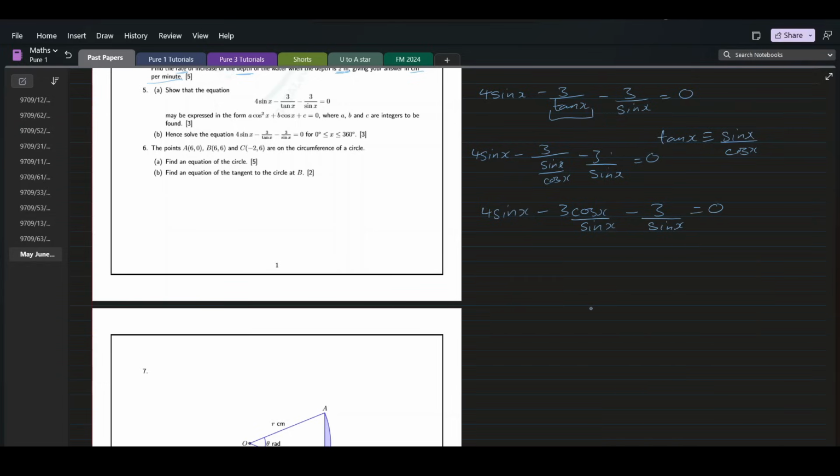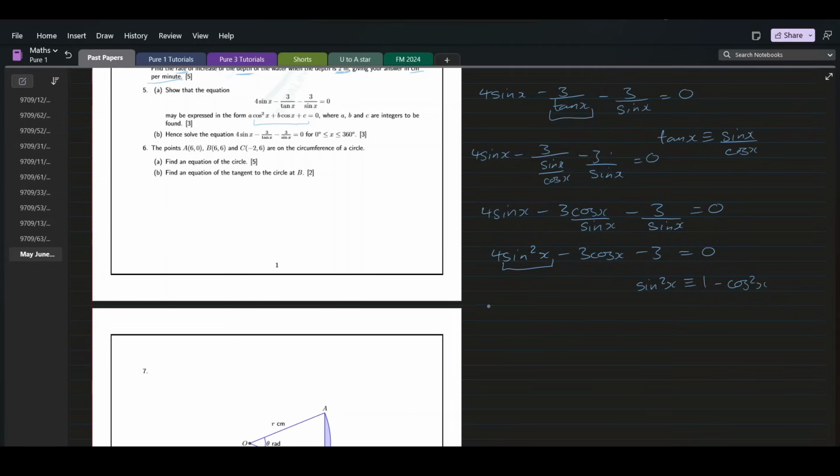And now let's get rid of the denominator by multiplying through by sin x. So this becomes 4 sin squared x minus 3 cos x minus 3 is equal to 0. And now we're going to use the identity sin squared x is identical to 1 minus cos squared x to substitute the sin squared x over there, since we are trying to go to an equation in terms of cos x.